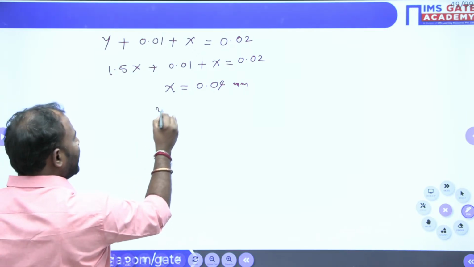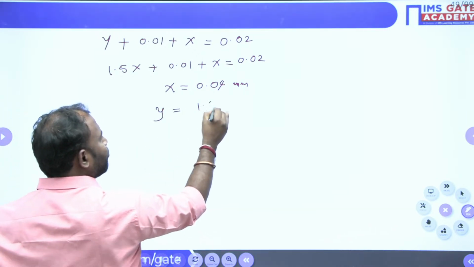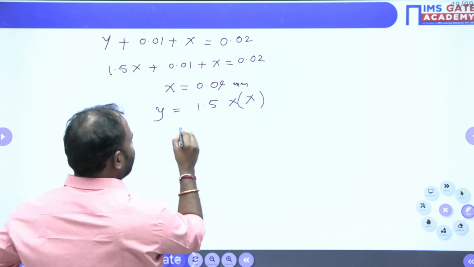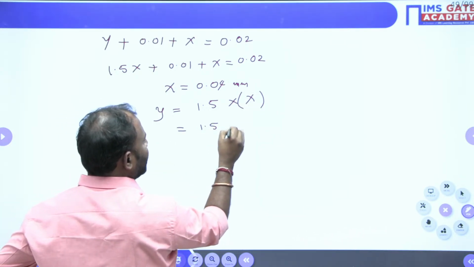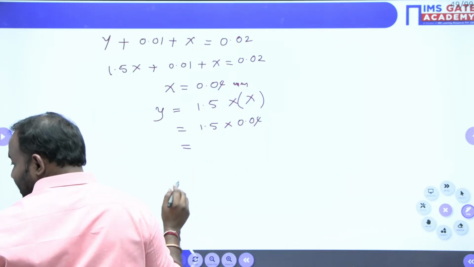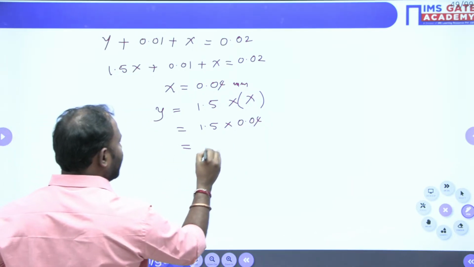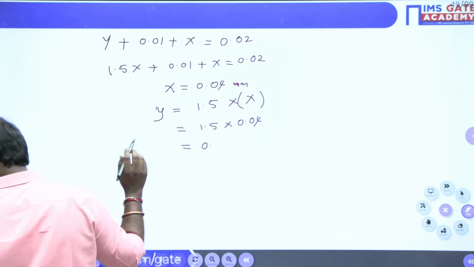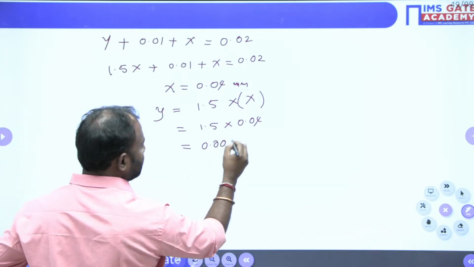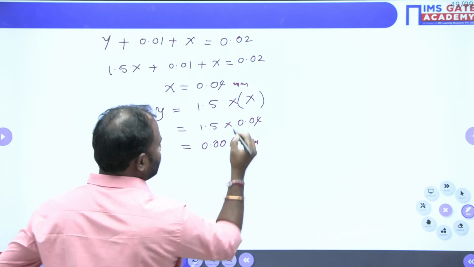Now, y equal to 1.5 times x, right? Now, from here it is 1.5 into 0.04, such that you are going to get 0.006 mm, isn't it, guys?